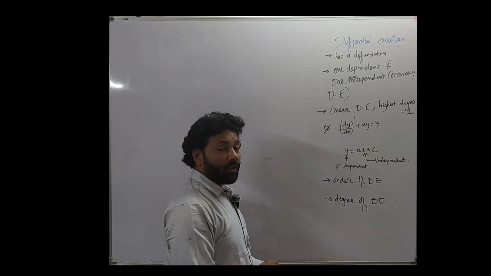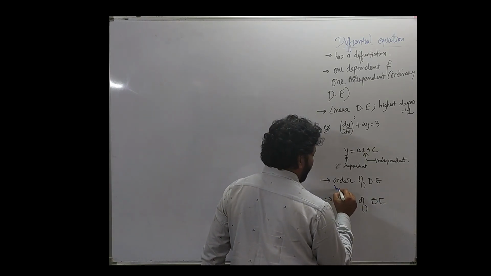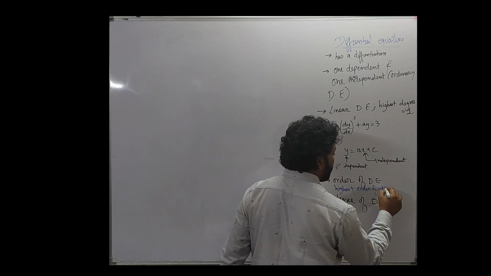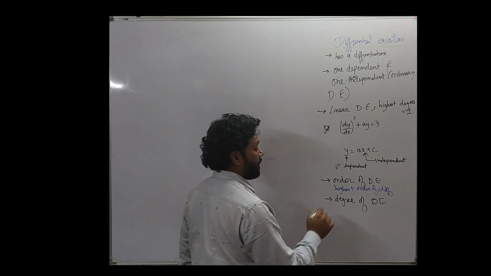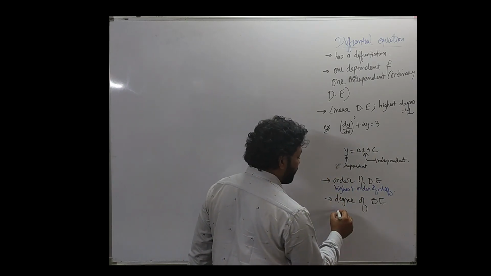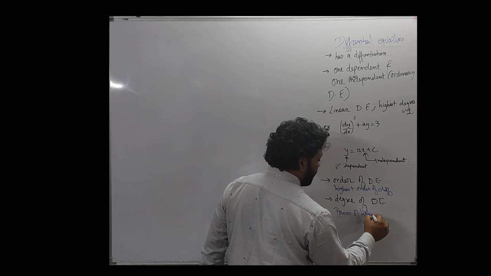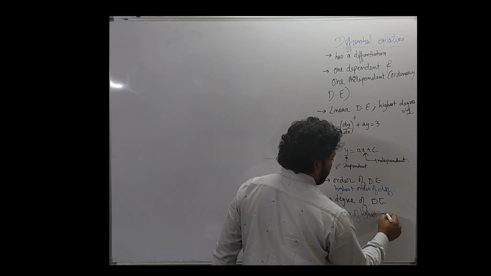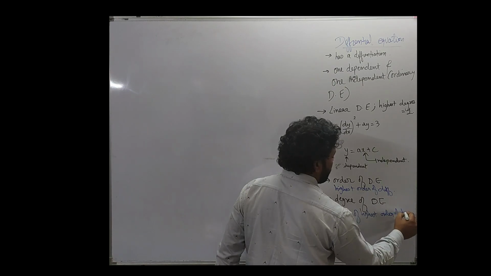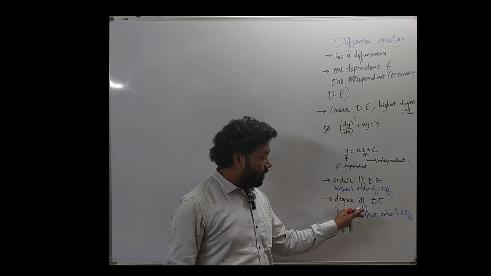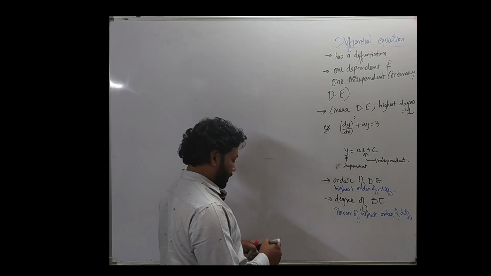The order of a differential equation means the highest order of differentiation that is involved in the equation, and the degree of the differential equation means the power of the highest order of differentiation. Whichever term has the highest order of differentiation, its power we call the degree of the differential equation.